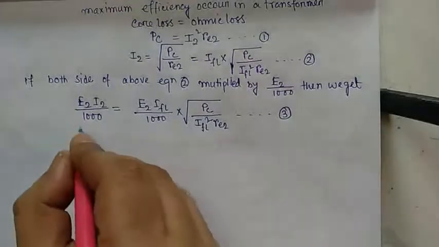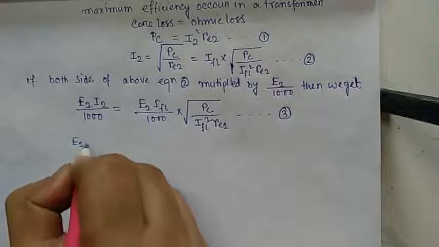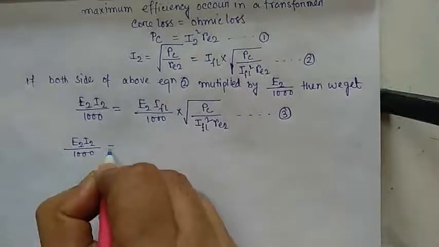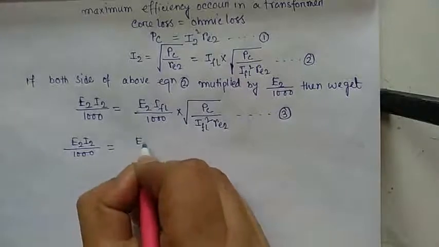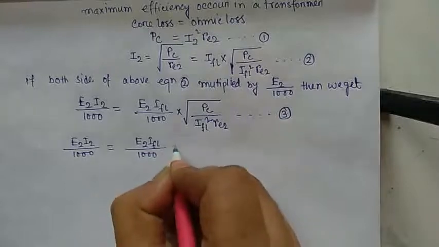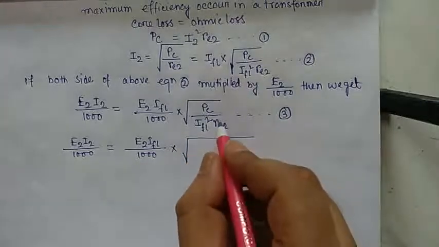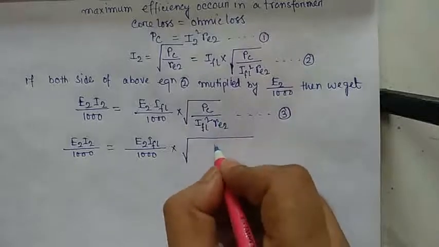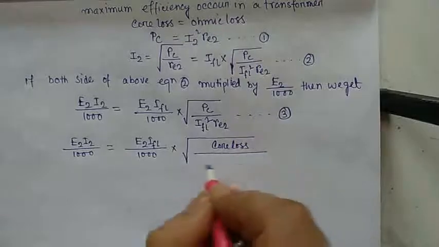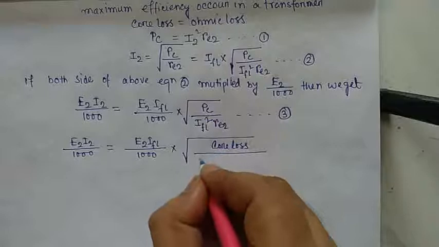Now this equation number 3 can be rewritten as E2 I2 divided by 1000 equal to E2 IFL by 1000 into the root of PC, the core loss, divided by I2 FL square RE2, the full load ohmic loss.